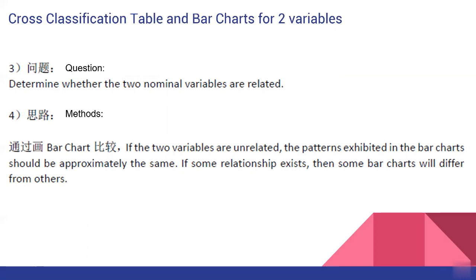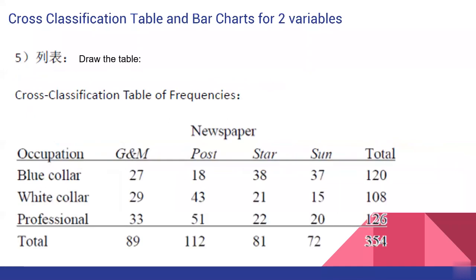The method is, if the 2 variables are unrelated, the patterns exhibited in the bar charts should be approximately the same, right? If some relationship exists, then some bar charts will differ from the others. So to solve this question, first we draw the cross-classification table as follows.